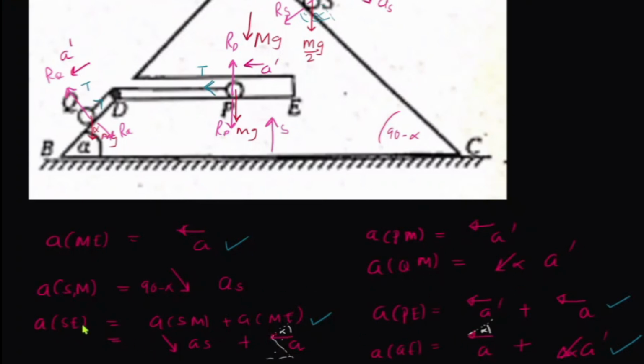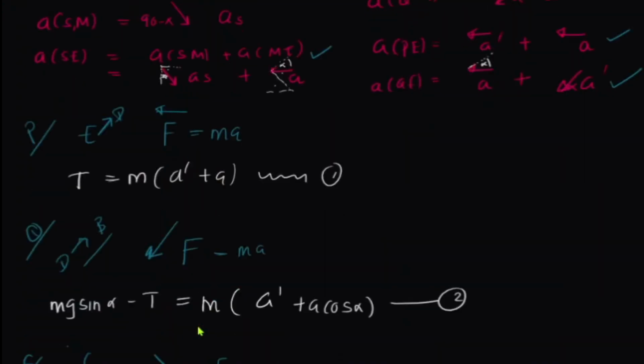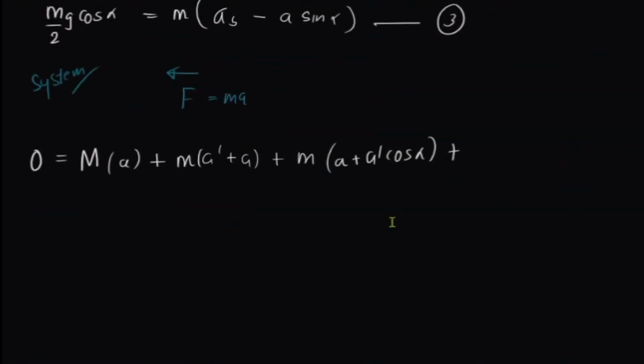Acceleration of S relative to Earth, in this direction, is A. This is 90 minus alpha. This is 90 minus alpha. And this is 90 minus alpha. This is alpha. So A minus A sine alpha.